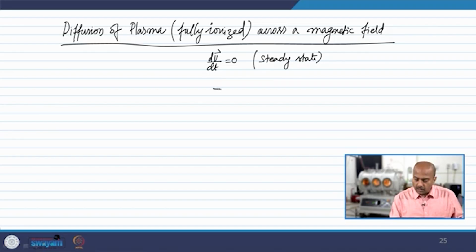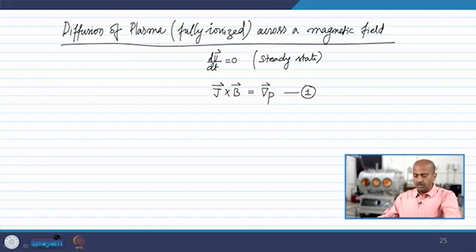So, we write the force because of the magnetic field is equal to del P. Let us call this equation 1. The first term is because of the magnetic field and the second term is the pressure gradient term.